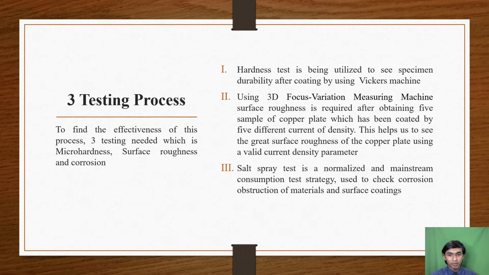This helps us to see the surface roughness of the copper plate using a valid current density parameter. For corrosion, the salt spray test is a standardized and mainstream corrosion test method used to check corrosion resistance of material and surface coating.